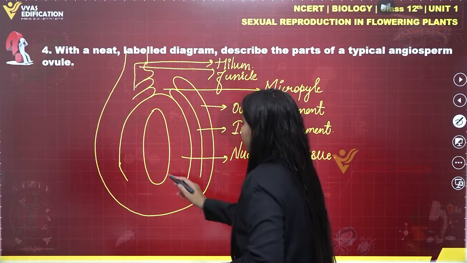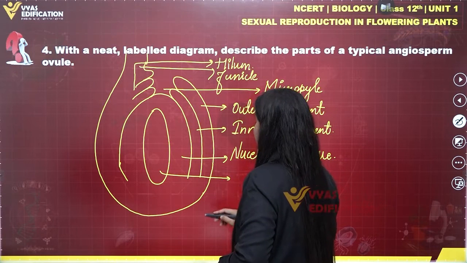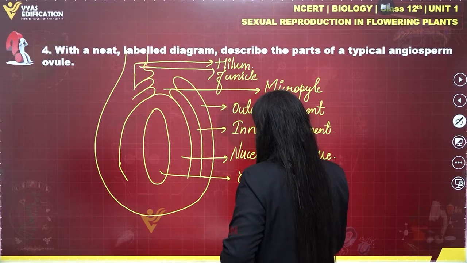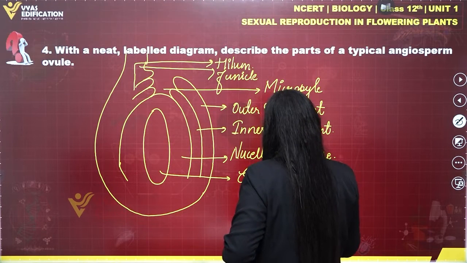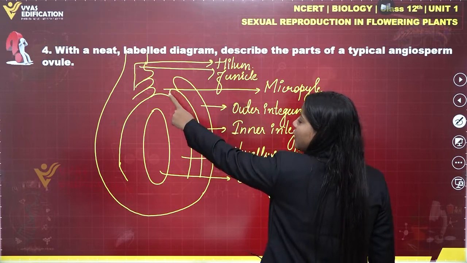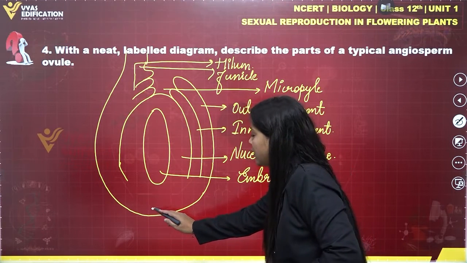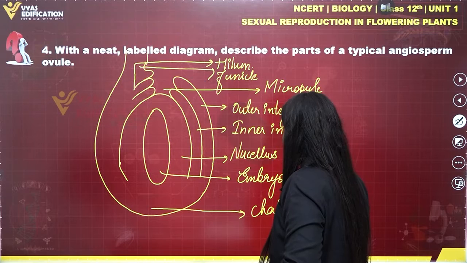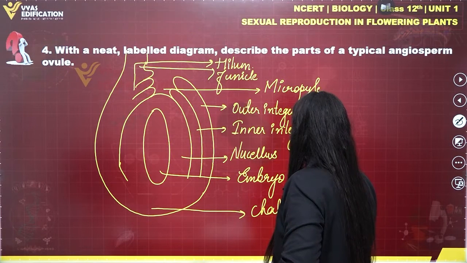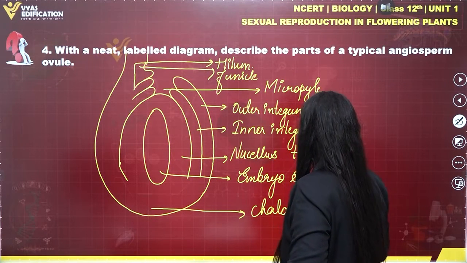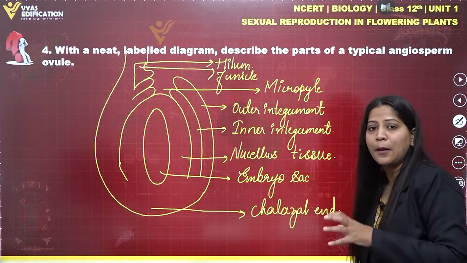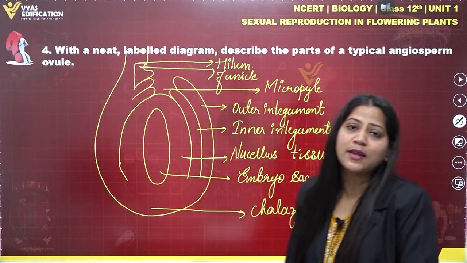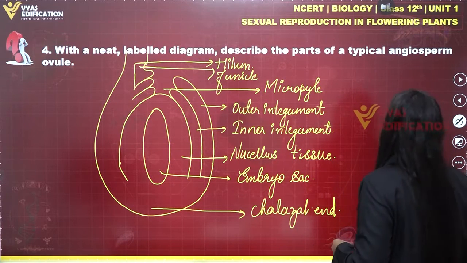The innermost structure inside the ovule is the embryo sac. Opposite to the micropyle region is the chalazal region. So this is the complete labeled diagram of an ovule, which is the female megasporangium.